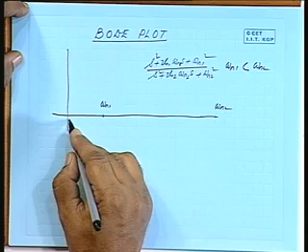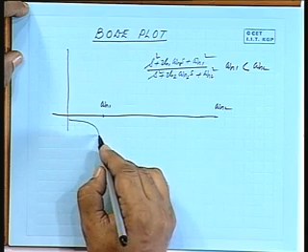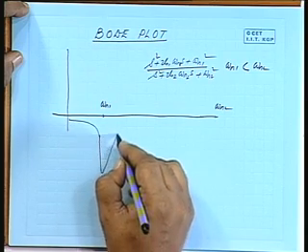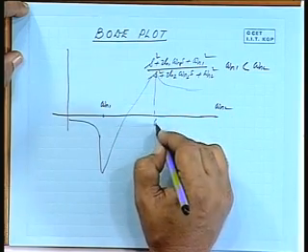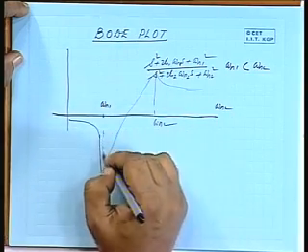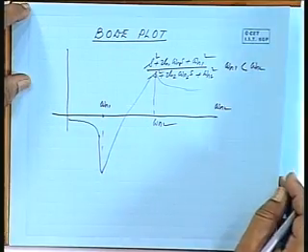So, the curve was somewhat like this. This was omega n2, this was omega n1.